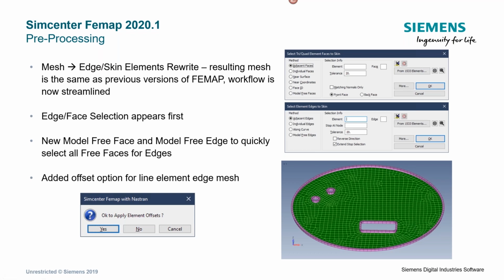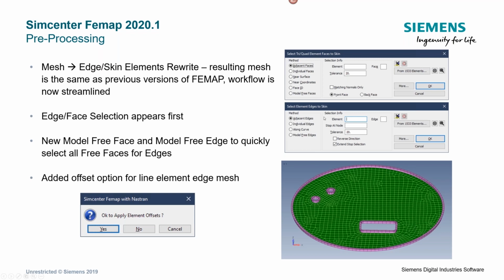So you have the option, which I think is pretty neat, that you can say model free edges or model free faces, depending on if you want 1D or 2D elements. This image is showing you a 1D, but if you wanted planar faces on, say, the top of a hex mesh, you could say free faces. It'll go ahead and grab them for you. And I'll try to explain this box a little bit more when we go in the example.